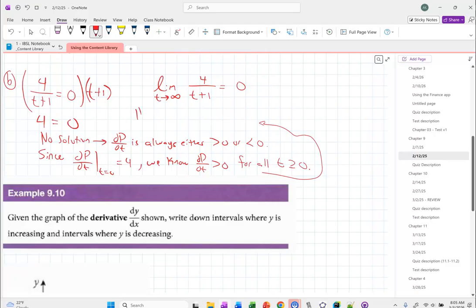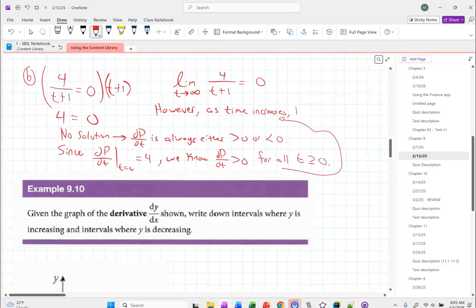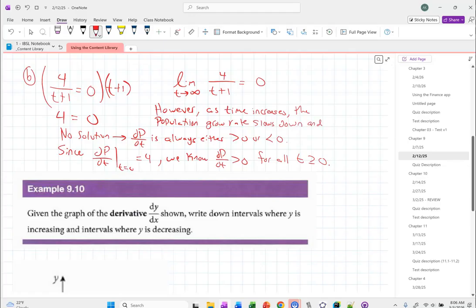So we might say, let's say, so we know the population growth rate is always positive, but we see that as time goes on, that population growth rate is slowing down eventually to nothing.